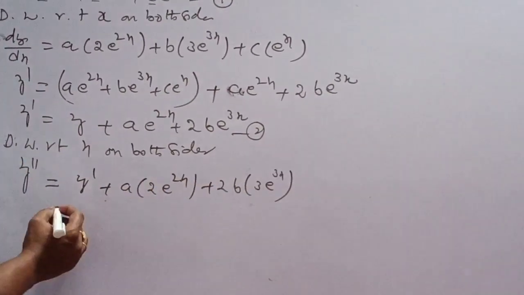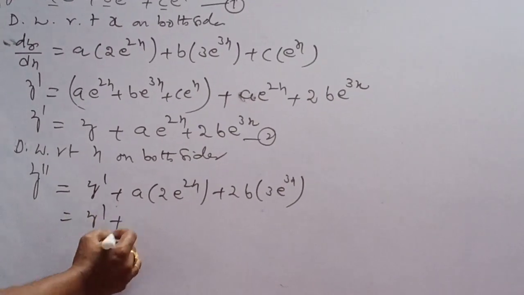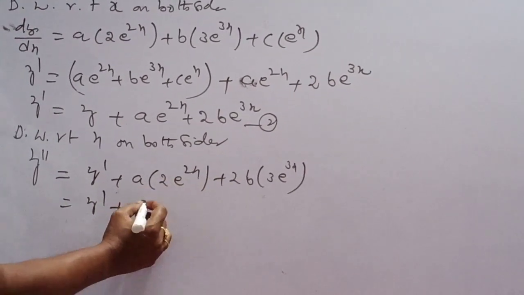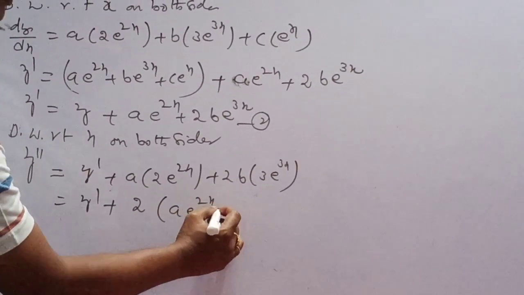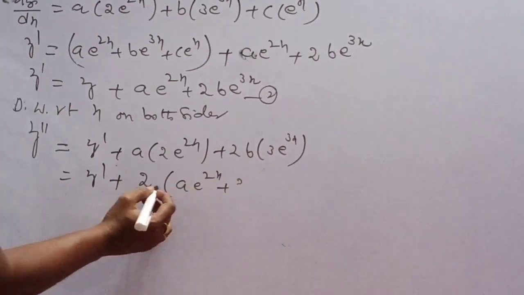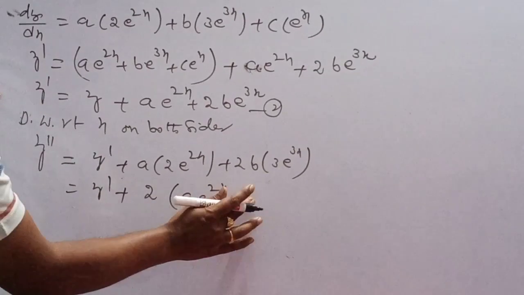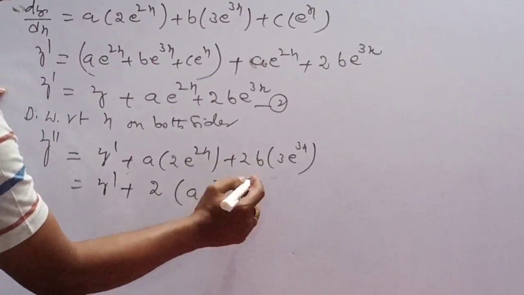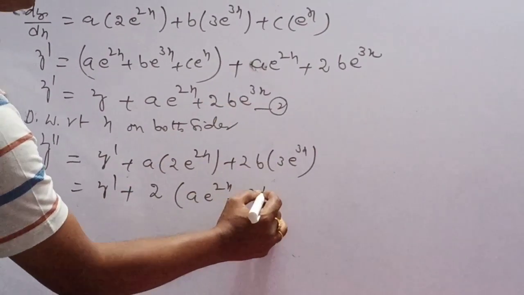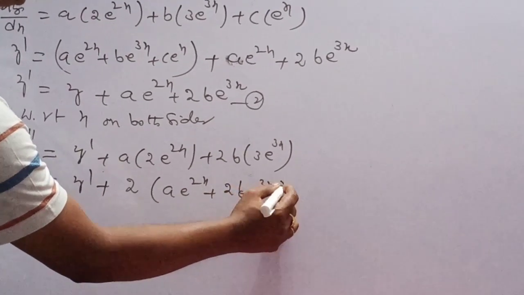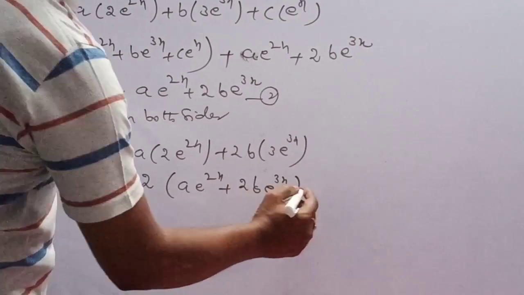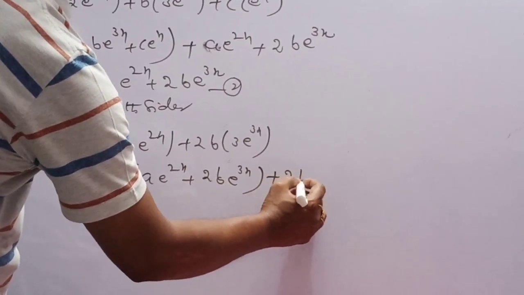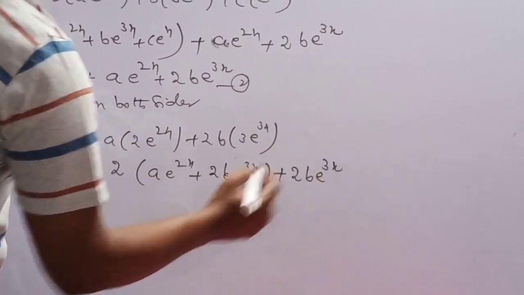Again you observe, it equals y' plus, in both cases 2 is common, a e^(2x) plus 2b e^(3x), and the remaining 4b e^(3x) is used.